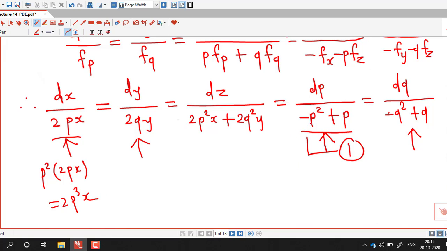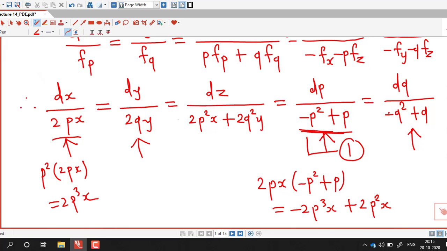And if I multiply this whole fraction by 2px, then I will have minus 2p cube x plus 2p square x. If we add these two, the 2p cube x will cancel out and we will be left with 2p square x. That will be our newly generated fraction: p square dx plus 2px dp divided by 2p square x.